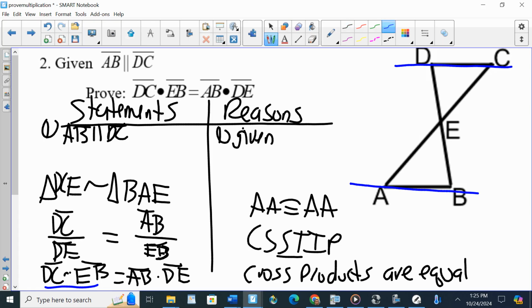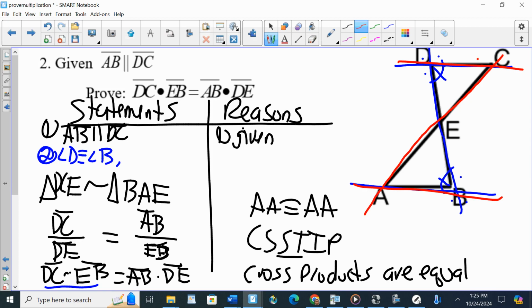I do my mini proof. Parallel, I like to extend and follow my transversal. That angle and that angle are congruent. So I've got angle D is congruent to angle B. There's another transversal. I follow that one. That's at C and at A. Those angles are congruent.